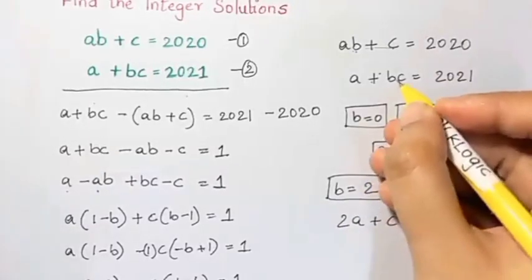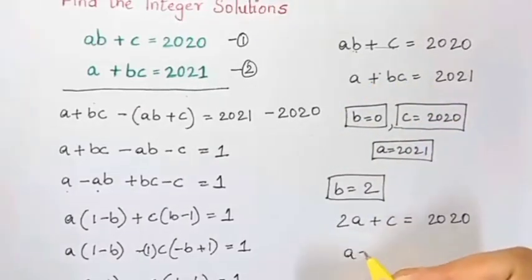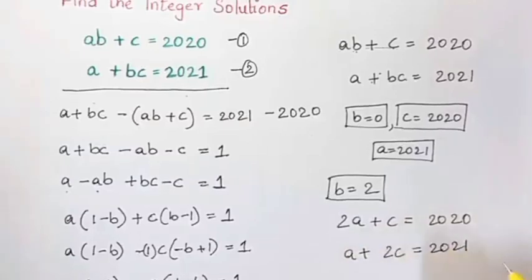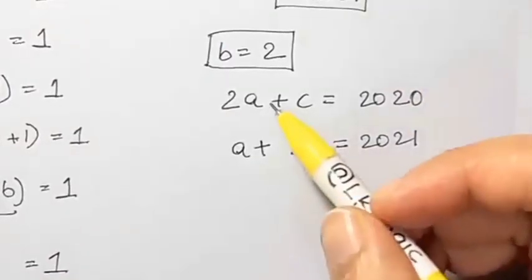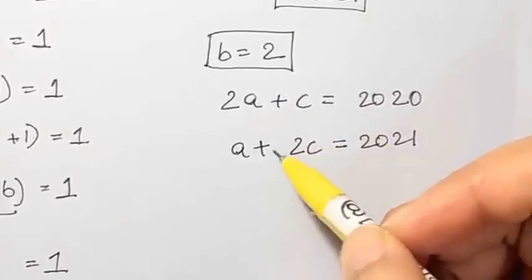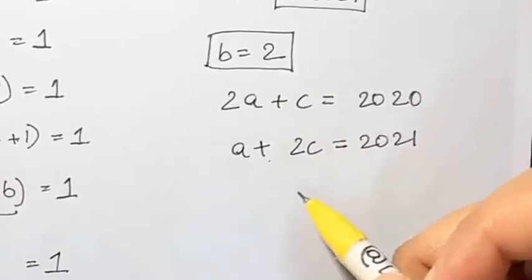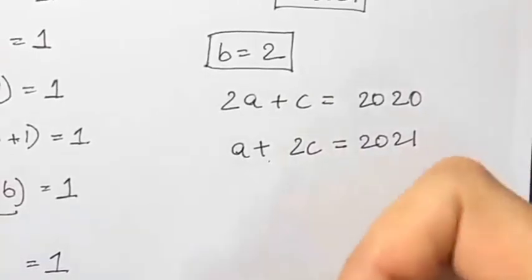And then another one, A plus 2C is equal to 2021. Now to solve two equations with two variables, either we can use substitution method or we can use elimination method, both. So let's try with elimination method.